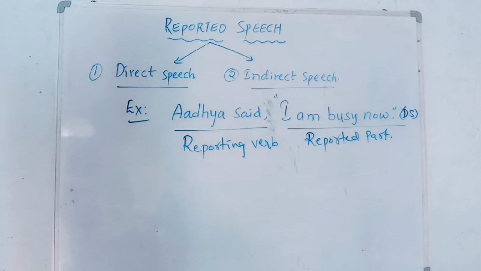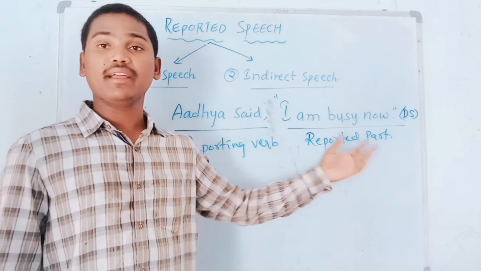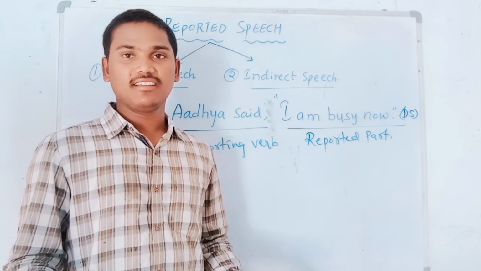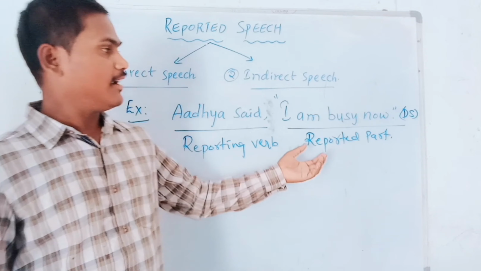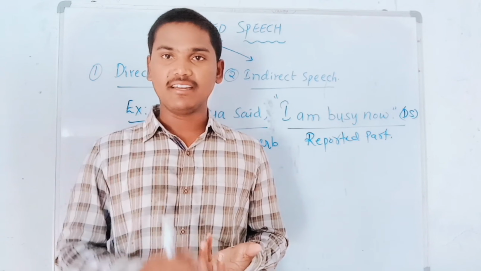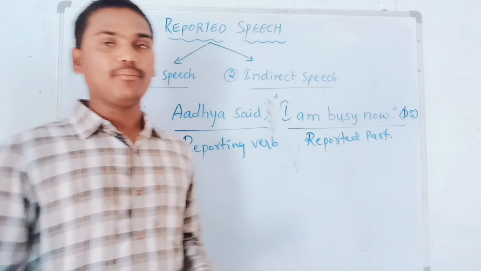Also one more thing: this reported part may be in present tense, past tense or future tense, and also it may be an assertive sentence, imperative sentence, interrogative sentence or exclamatory sentence. That is very important.